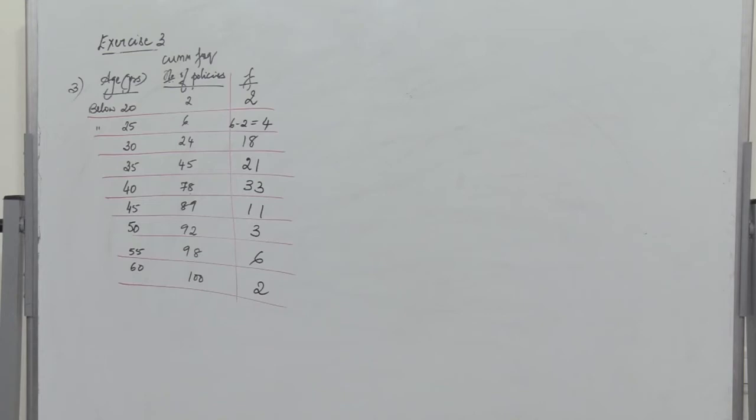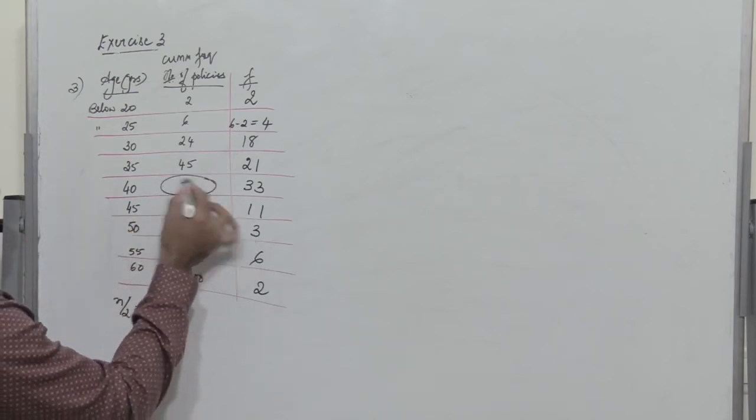So therefore, we know that there are 100 policies, right? So therefore, n is 100. So what is n by 2? N by 2 is 50. So where does 50 lie? So 50 definitely lies in this interval, right?